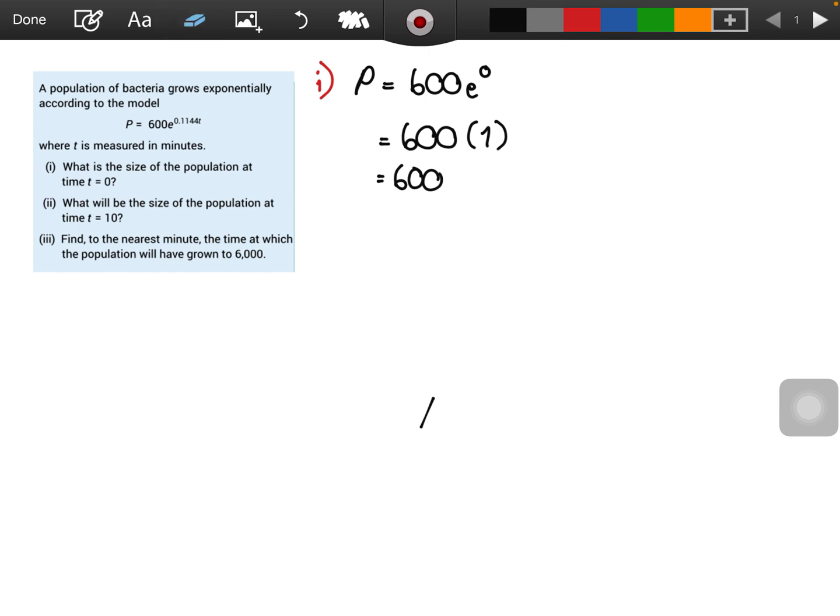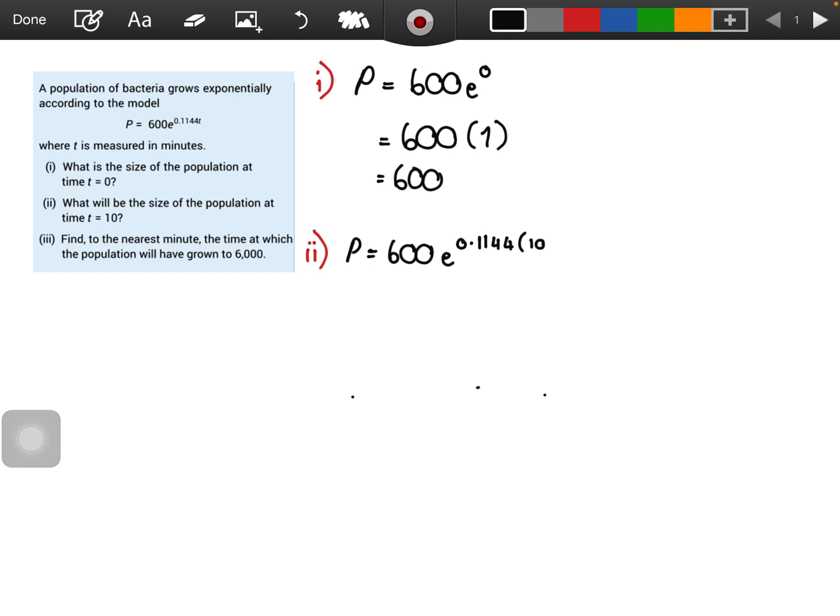Okay, what about the next one where t is equal to 10? So try that. It's the exact same thing. The population P is 600 e to the power of, and when we multiply this out, really I should show what I'm going to multiply first: 0.1144 times 10, just to be certain that you can see what I'm doing and that an examiner can see what you're doing.